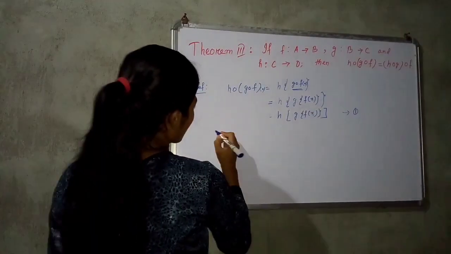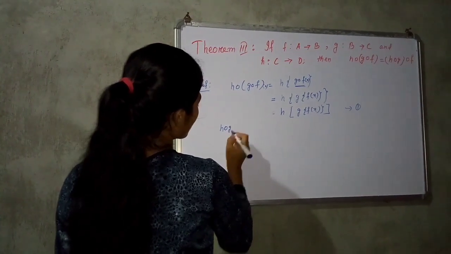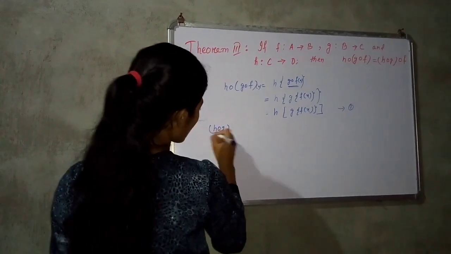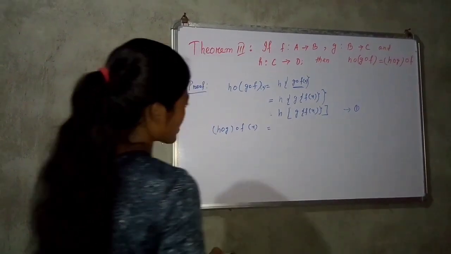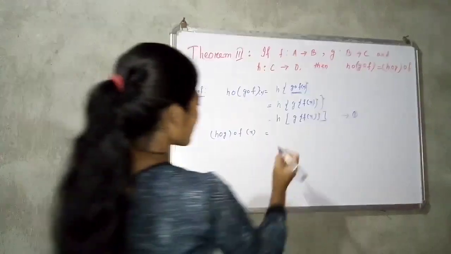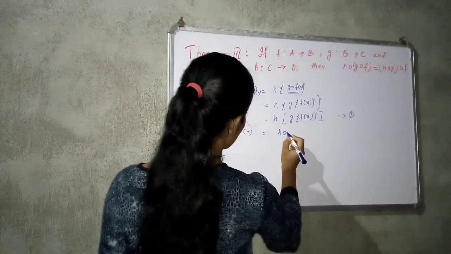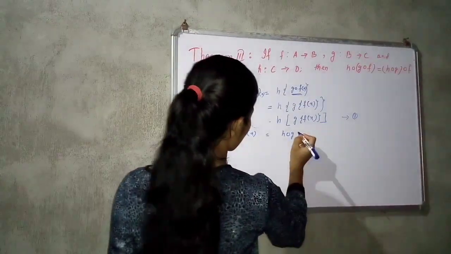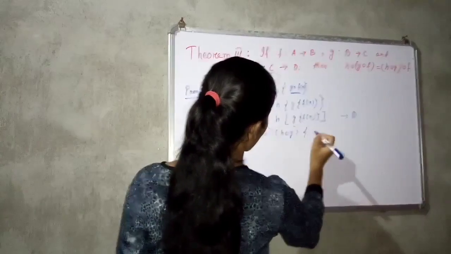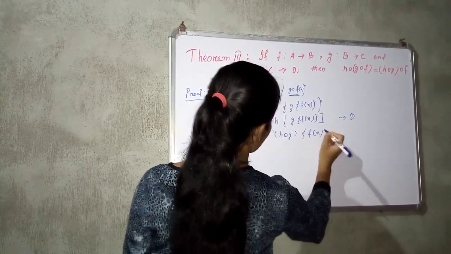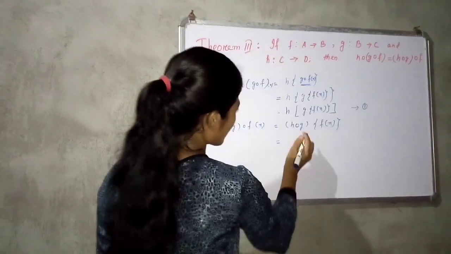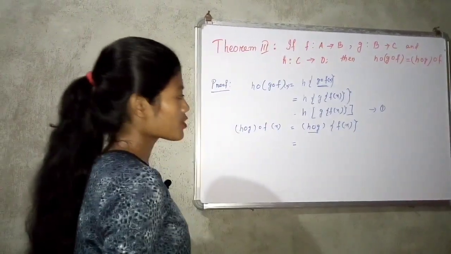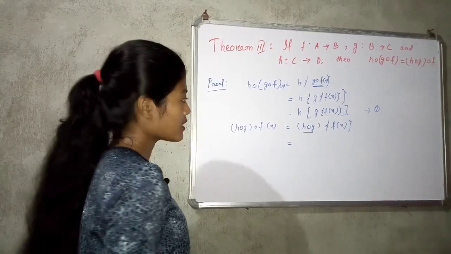Now the right hand side, the composite function h naught g and f of any element x. By definition, what will it be? It will be h naught g of f of x. By definition, again, this is the composite function of the functions h and g.